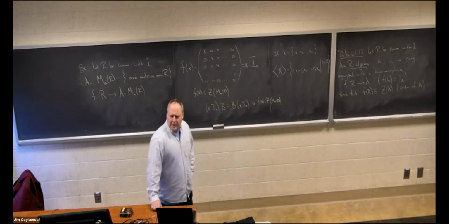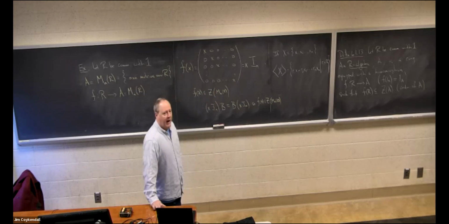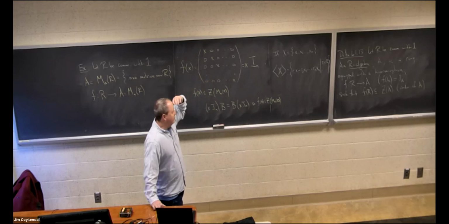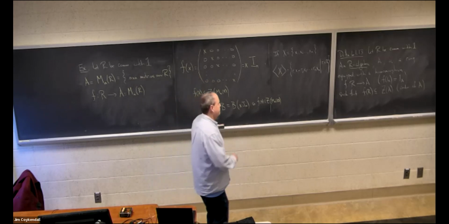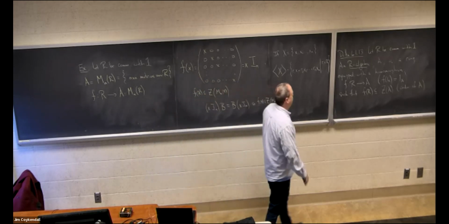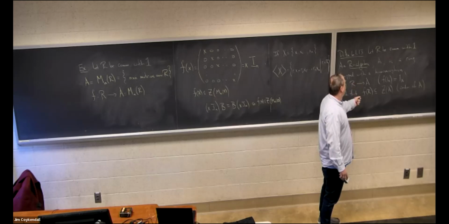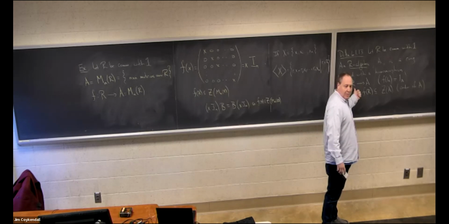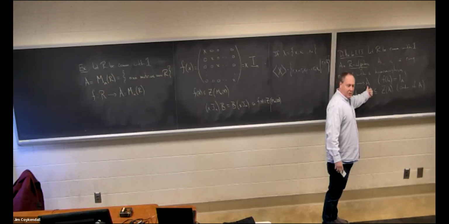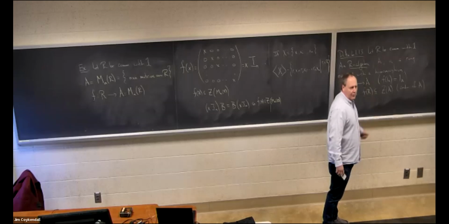So this, to me, is kind of a prototype example of an algebra over a ring. Of course, there are much easier examples, right? So for example, with this particular definition, if you have any commutative ring with identity R, and A is another commutative ring that contains R, then it's an algebra, right?